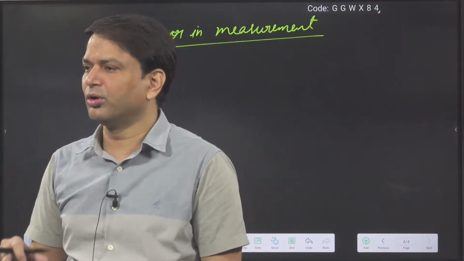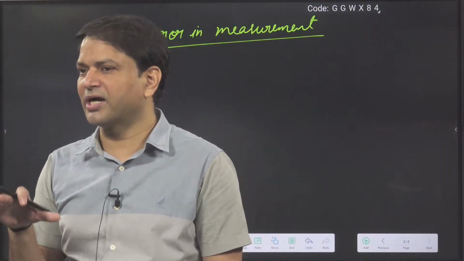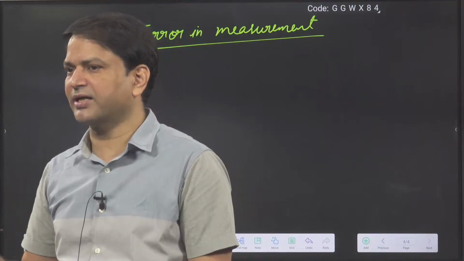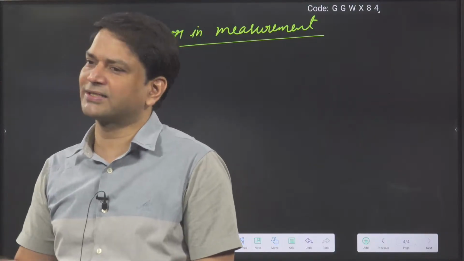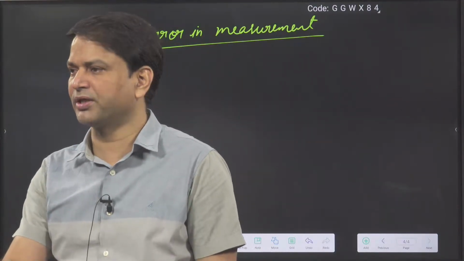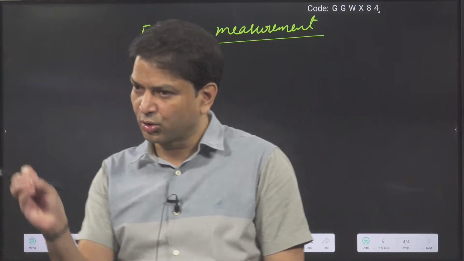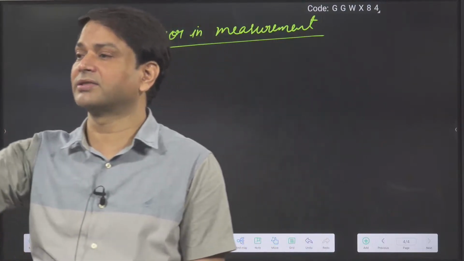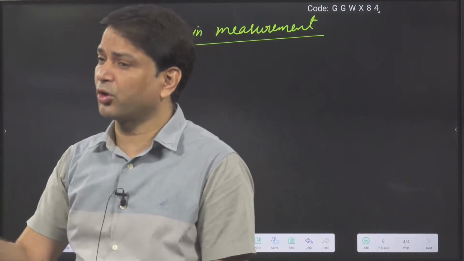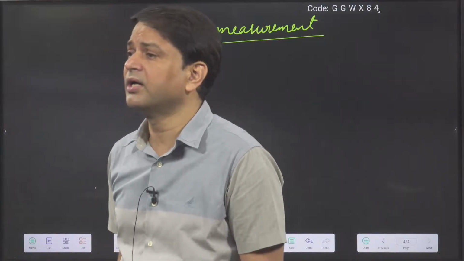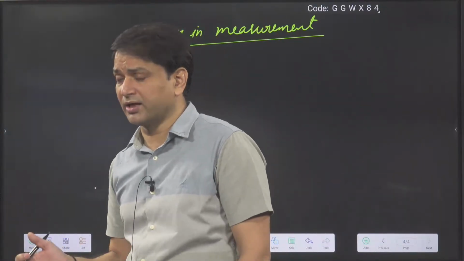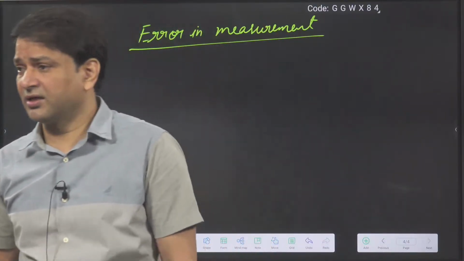Then I will put 100 kg of fuel extra, because the maximum error can be 100 kilometer. Then surely our satellite will reach the moon because of the extra fuel we have put there. So that is the importance of the error.